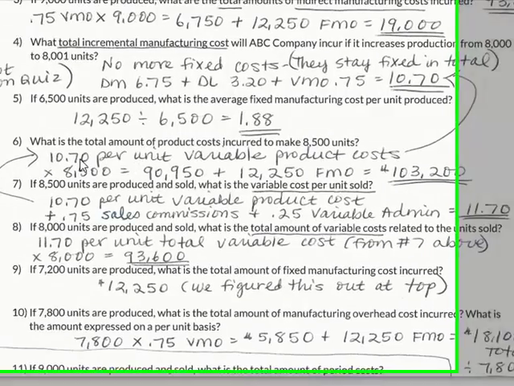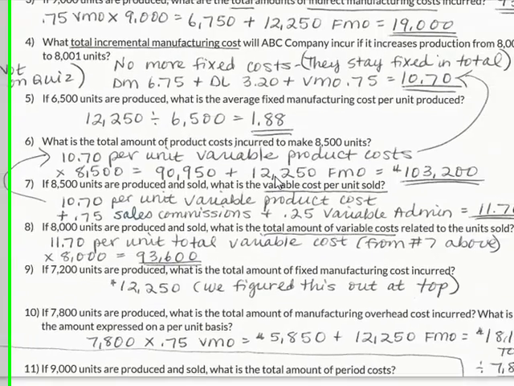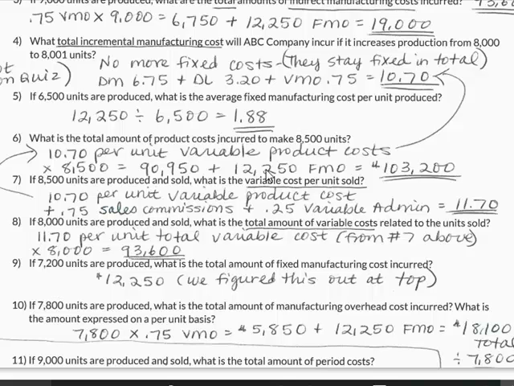So I'm going to multiply the $10.70 by 8,500 units, to get the total amount of variable product costs. Then we'll add in the total fixed manufacturing overhead to get the grand total of product cost incurred to make 8,500 units.